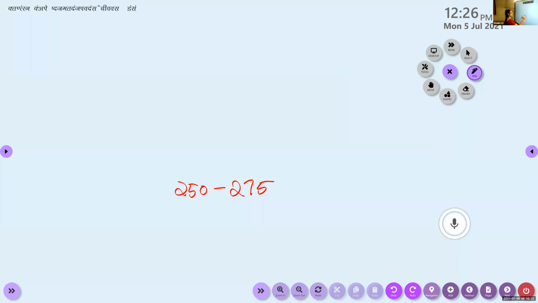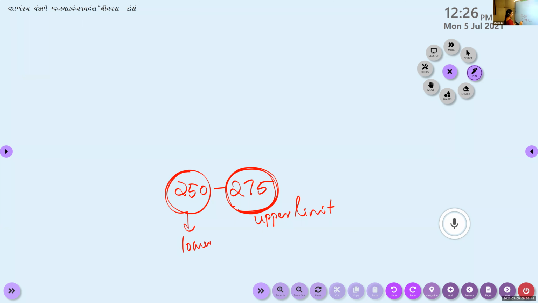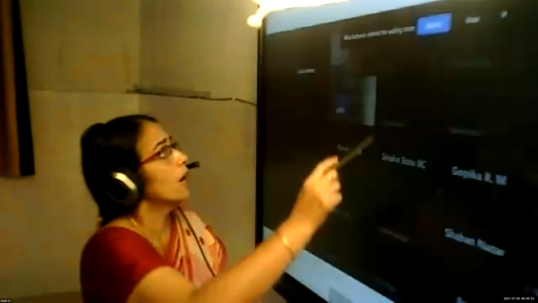Albin, it is 275. 275 is the upper limit, the upper class limit. And 250 is the lower limit. Albin, is it clear? 250 is the lower limit and 275 is the upper limit.